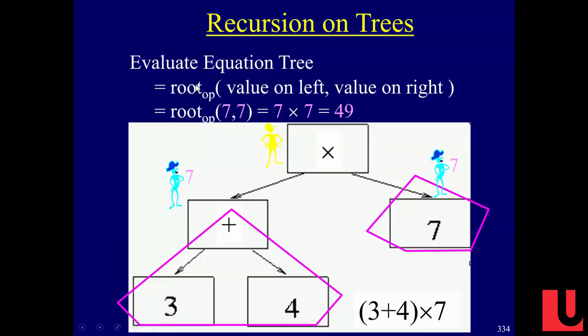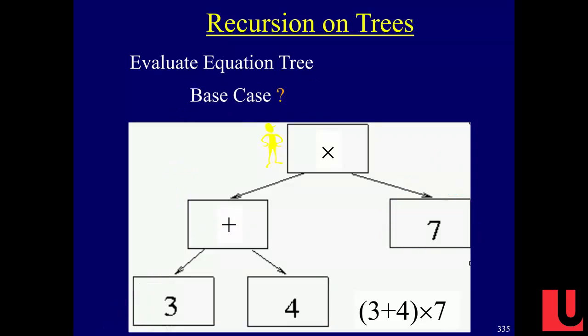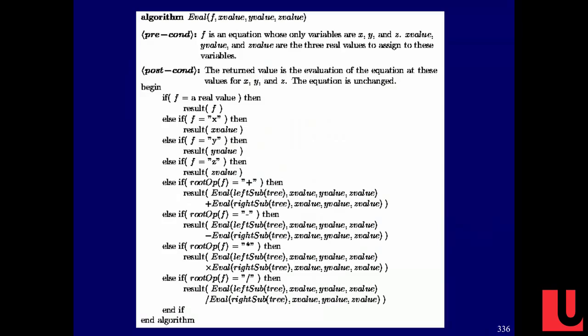So you apply whatever operation is at the root to the left value and the right value. The base case here needs to be not the empty tree, but an actual number.